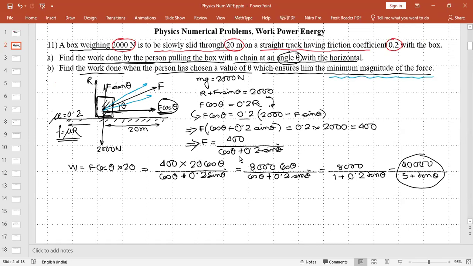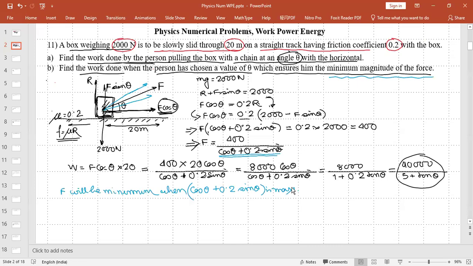What is the magnitude of the force? This is the magnitude of the force. So we can say that force will be minimum when the denominator is maximum, when cos theta plus 0.2 sin theta is maximum.